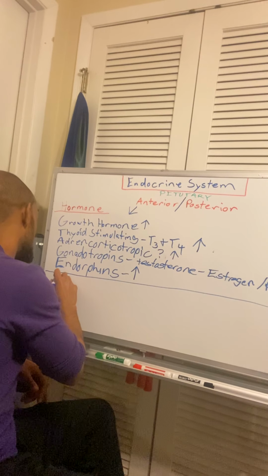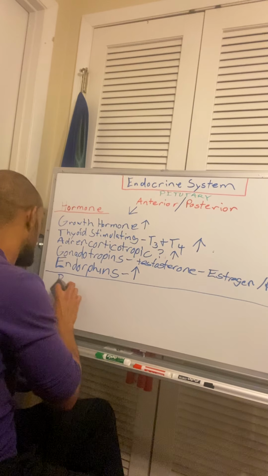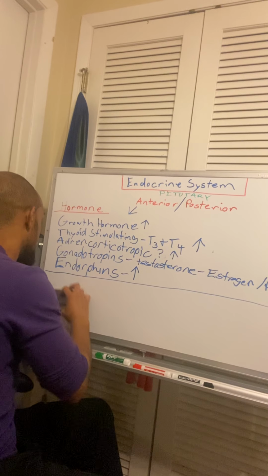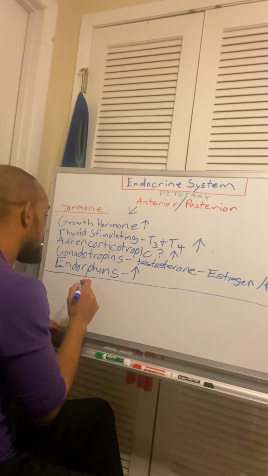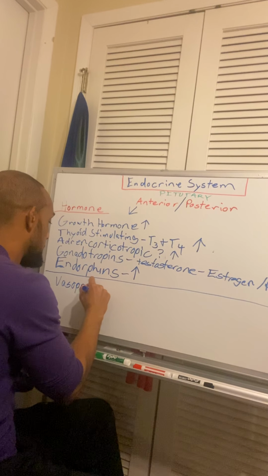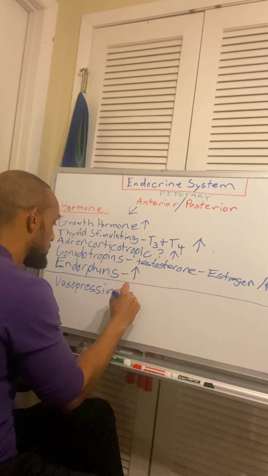Now the posterior pituitary. This part is going to be a little short. The hormones we're going to talk about here: vasopressin and anti-diuretic hormone.